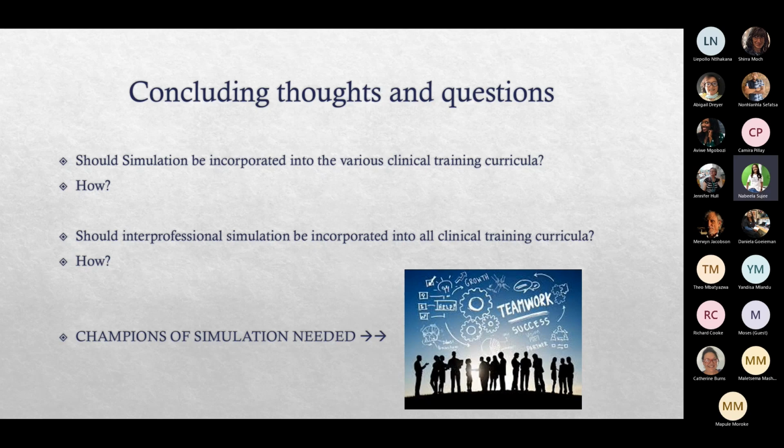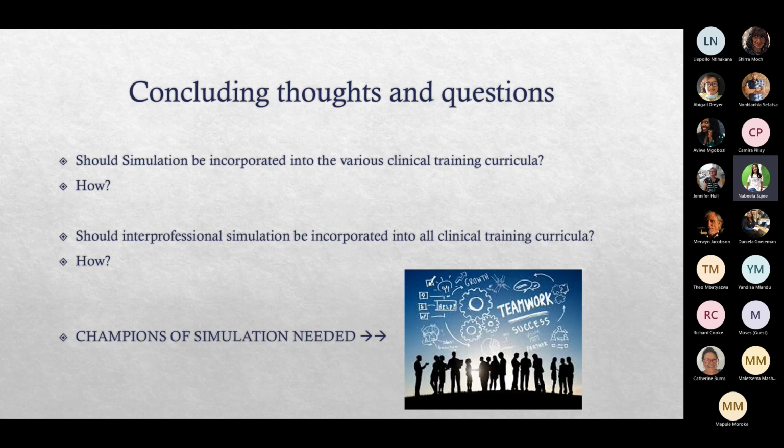And then the last food for thought point is interprofessional simulation, and how can we incorporate interprofessional simulation into our curricula so that we all become pioneers of it, but at the same time, we all see the value in it. And I think this is where my last point comes in, that we need champions of simulation.